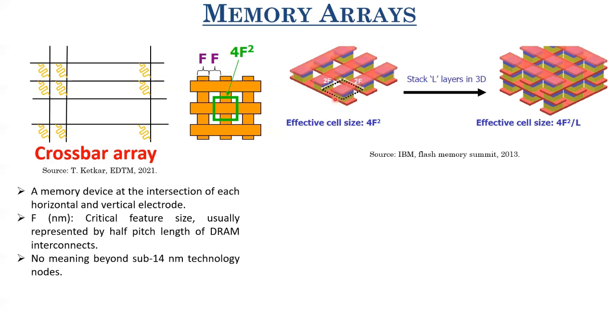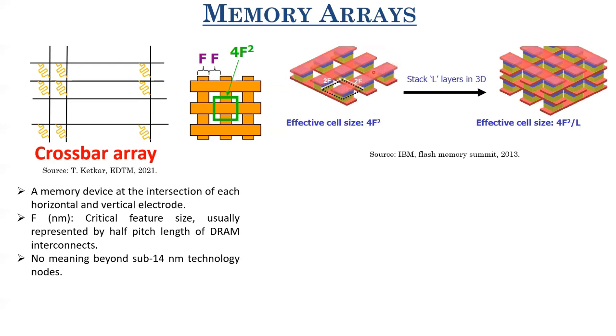Now the best part is that the effective cell area is 4F square, but you can stack several such cells in parallel. The main thing that you have to consider while stacking is that the metal layers which you are stacking on top of each other must be orthogonal to each other. So if this is going from here to here, the top electrode will go from this to this.